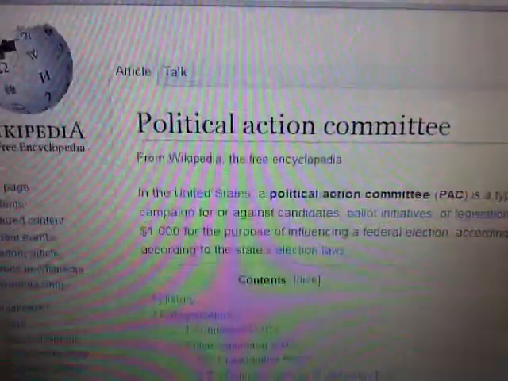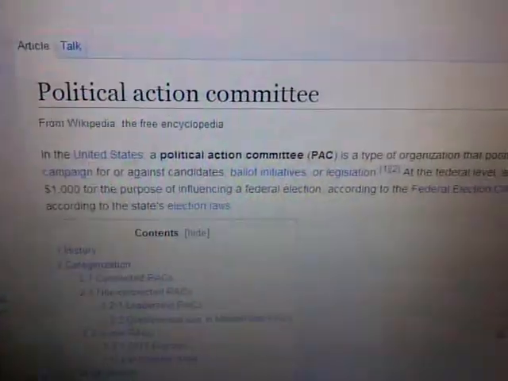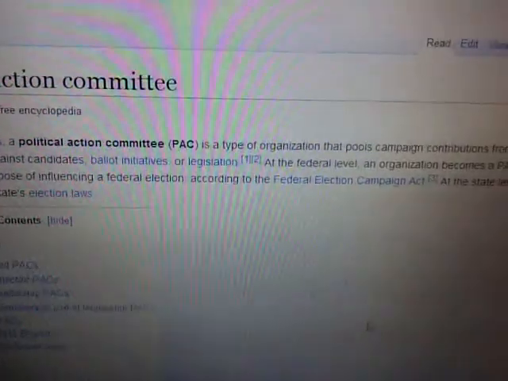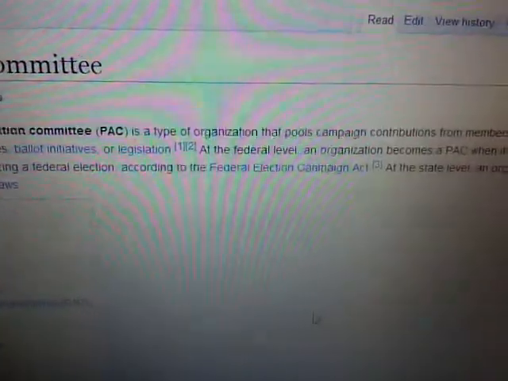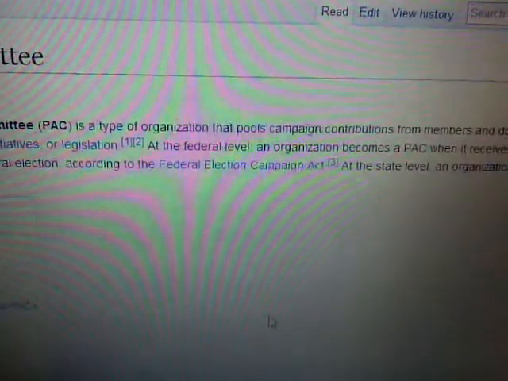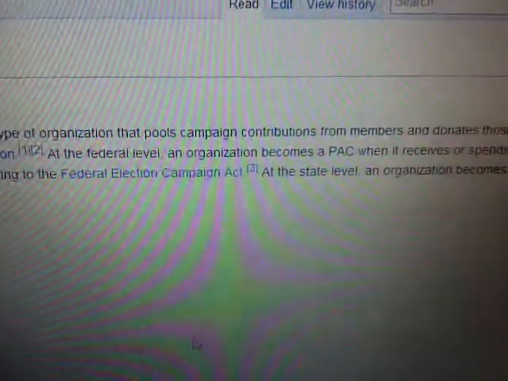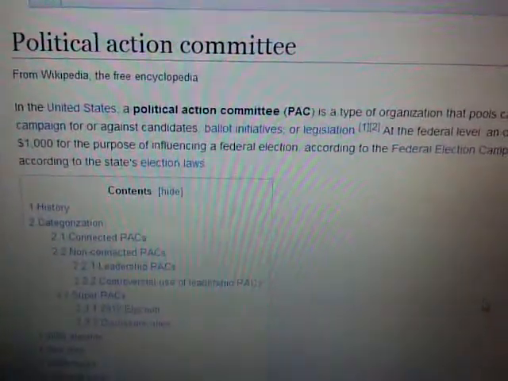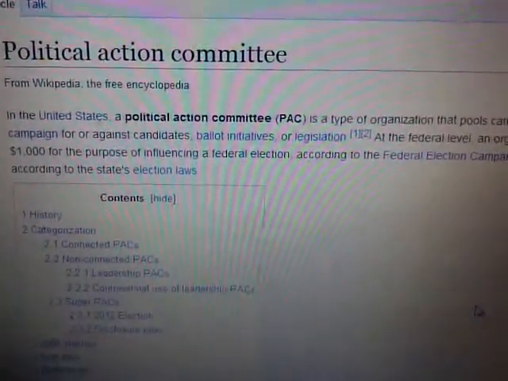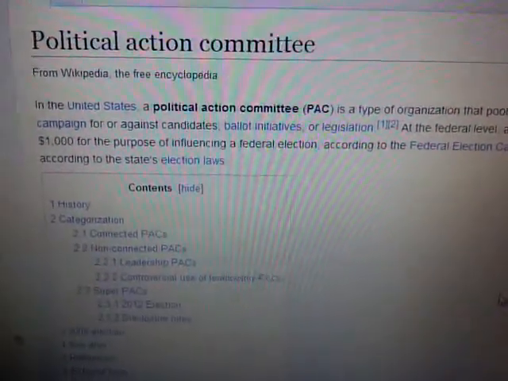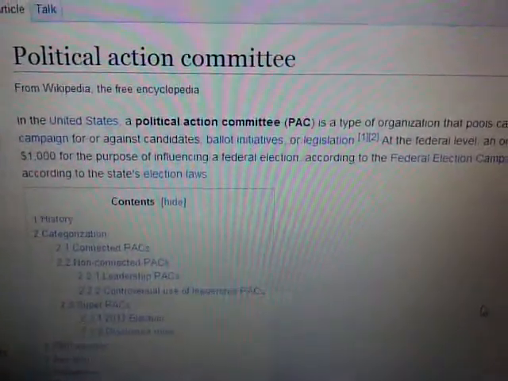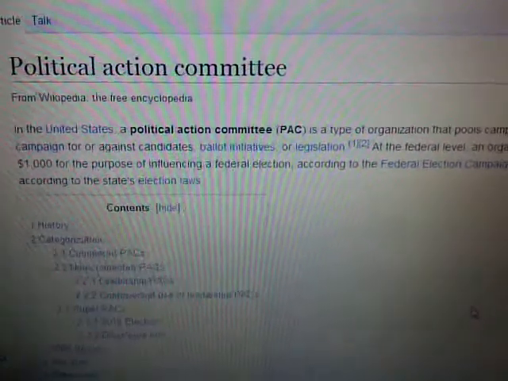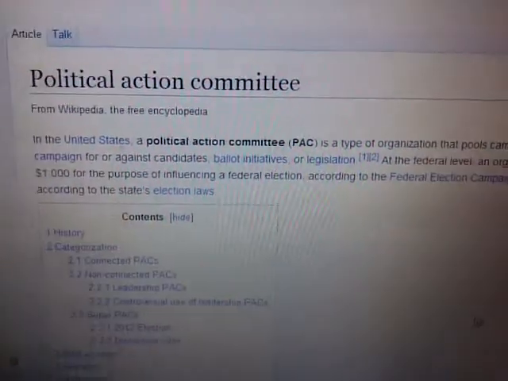It says here, in the United States, a political action committee, PAC, is a type of organization that pools campaign contributions from members and donates those funds to campaign for or against candidates. So like negative ads, putting out flyers on how this candidate is bad and this candidate's good.